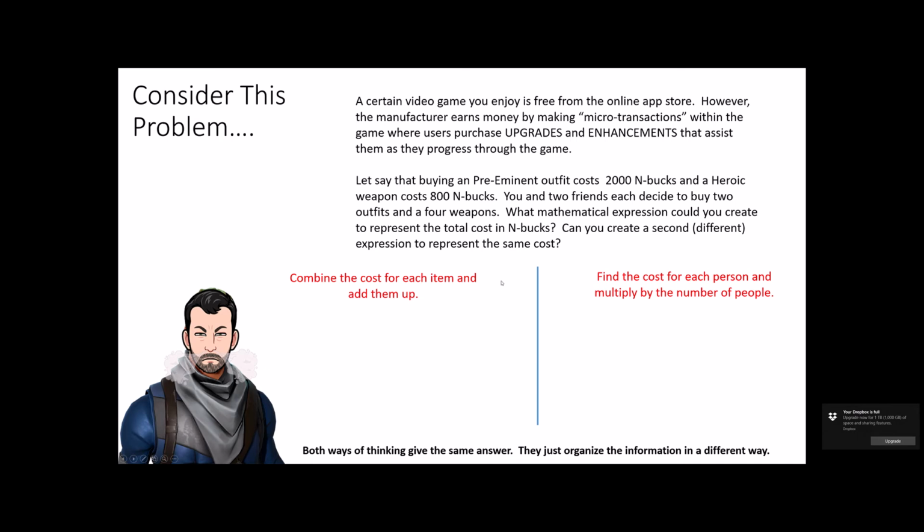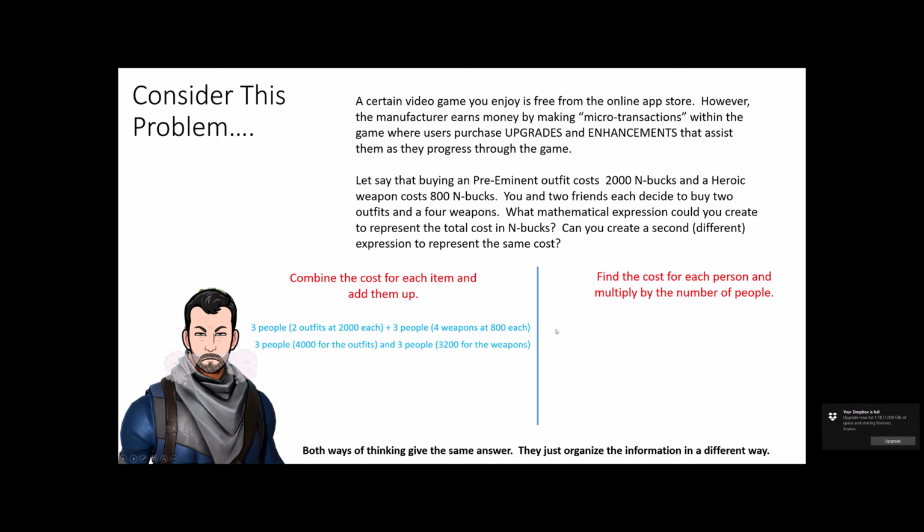In this particular story, we have 3 people. The 3 people are buying 2 outfits at 2,000 in bucks apiece. And those same 3 people are buying 4 weapons at $800 apiece.